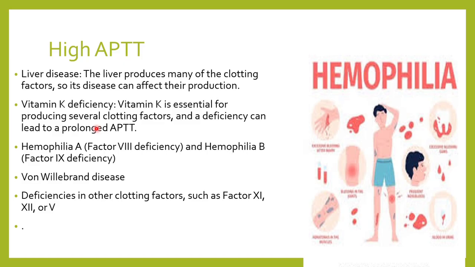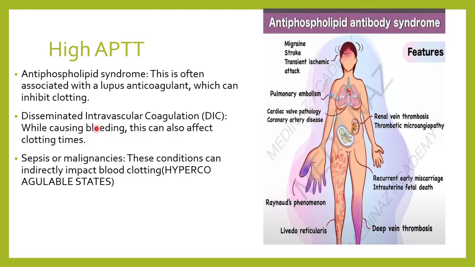Whichever factors are involved in the intrinsic pathway, if they are not functioning properly, your APTT is bound to be more. You will also get an increased APTT in antiphospholipid syndrome like lupus anticoagulant, etc., where they will inhibit these clotting factors. Okay, so your APTT will come high.